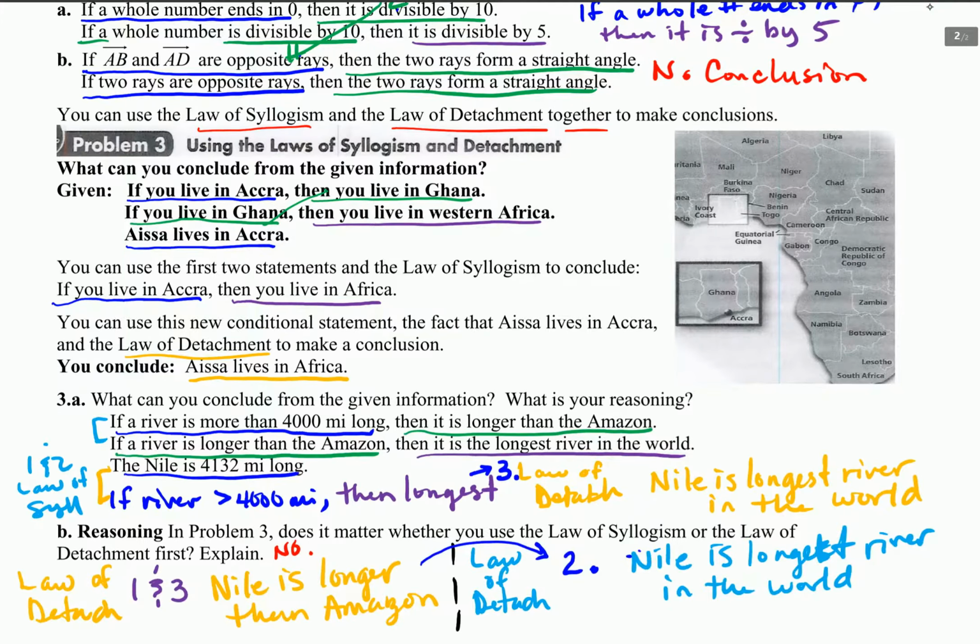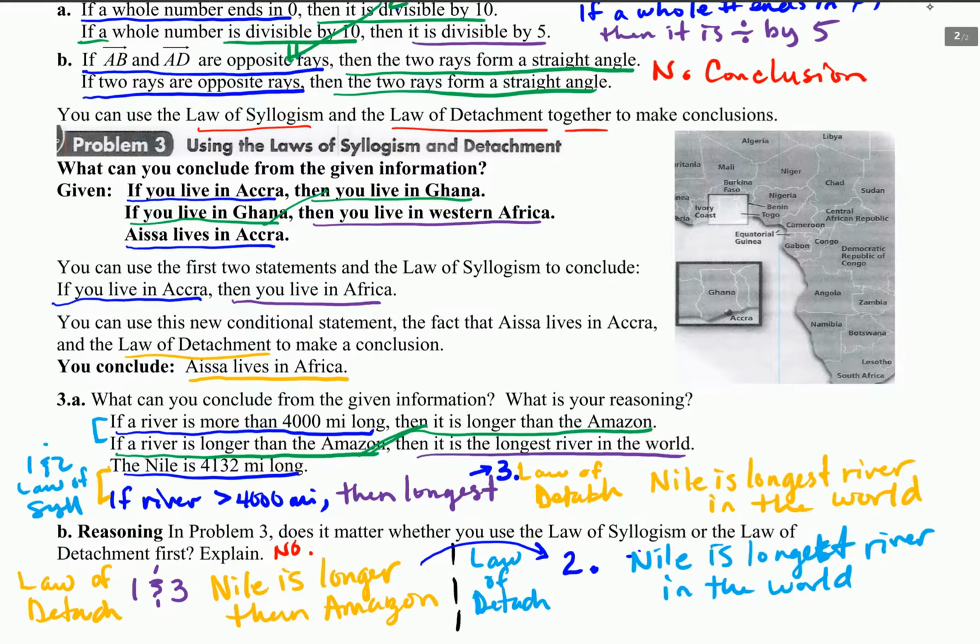All right, we are given if a river is more than 4,000 miles long, then it is longer than the Amazon. So requirement, more than 4,000 miles, result, longer than Amazon. Our second conditional says if a river is longer than the Amazon, then it is the longest river in the world. You should see right here that we have a conclusion and a hypothesis that match.